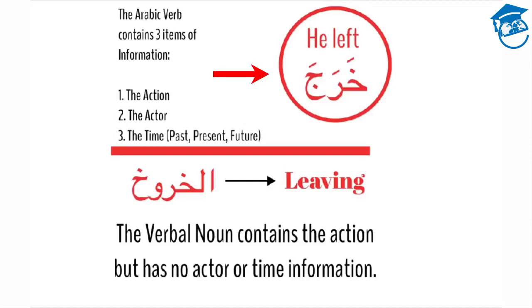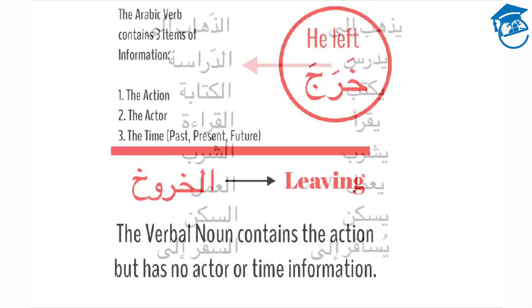Kharaja means he left. The action is leaving. The actor is he. And the time is past tense. The verbal noun, al-kharuj, which is formed from kharaja, means leaving. The verbal noun contains the action, but it has no actor or time information.